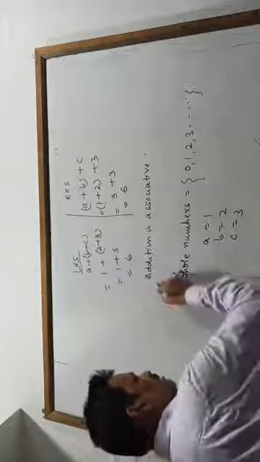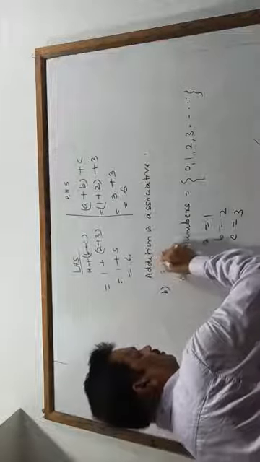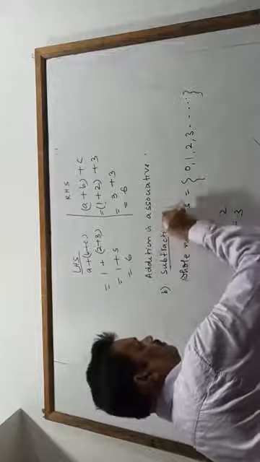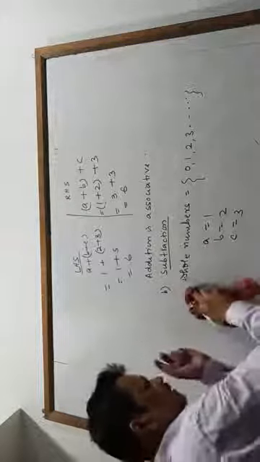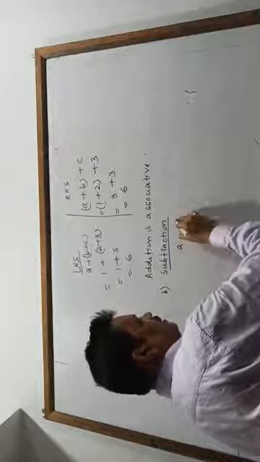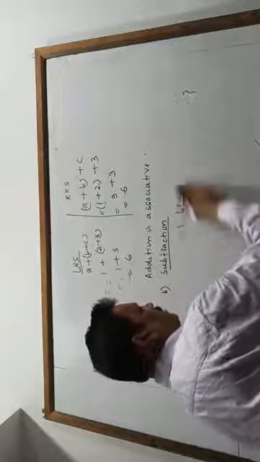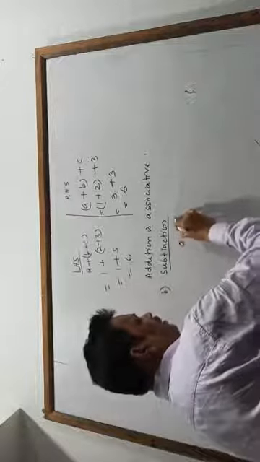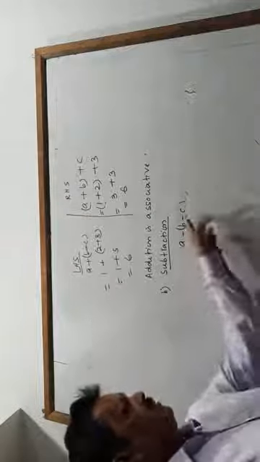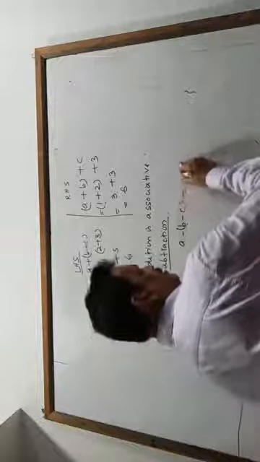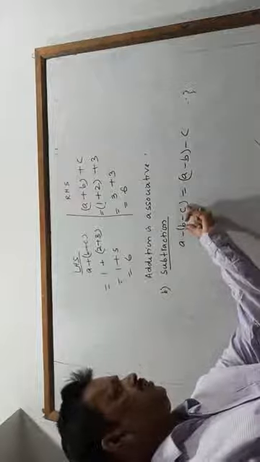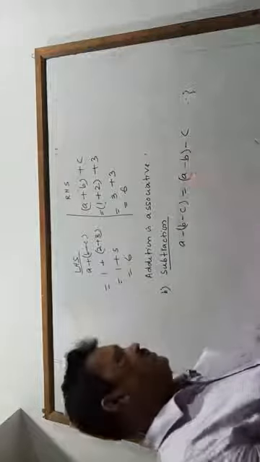Then you take subtraction. Subtraction means take the same number. A is 1, B is 2. So first you write the formula: A minus B minus C equals A minus B minus C. Formula you see: first last two bracket, here first two bracket.